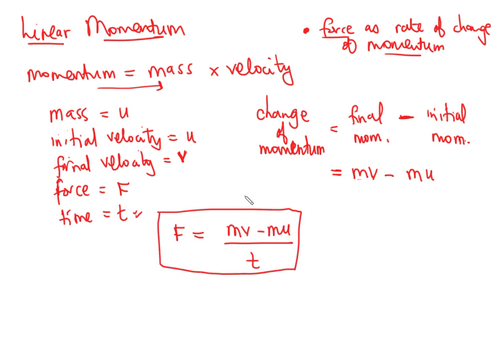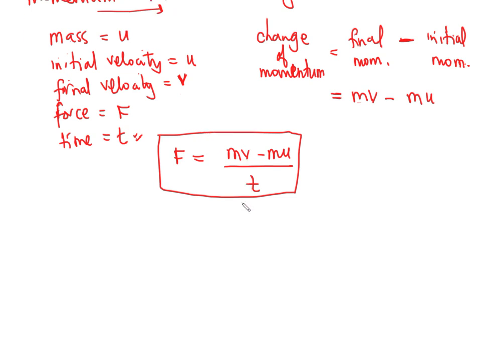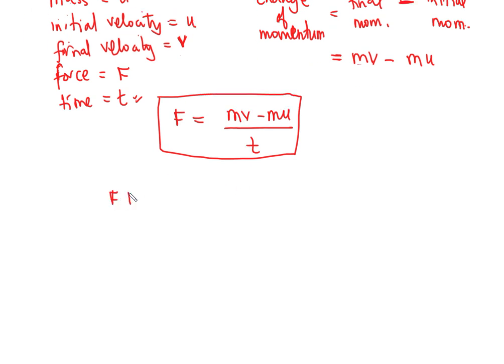Change in momentum like this. If we multiply both sides by t, we have Ft is equal to mv minus mu. And this quantity that we have just created, F times t, is called the impulse of the force on the object.